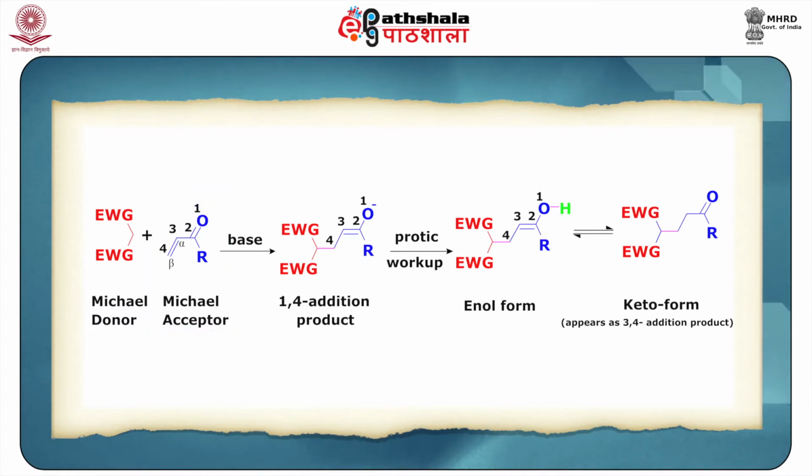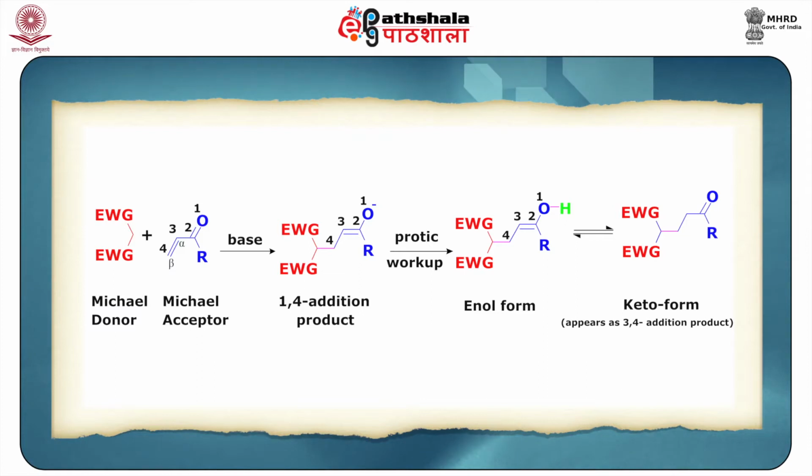Here you can see there is a methylene group joined to two electron withdrawing groups, in general represented by EWG, and it reacts with the Michael acceptor, which is a conjugated carbonyl. You can see the 1, 2, 3, 4 numbering, and the addition happens at the 1,4 positions.